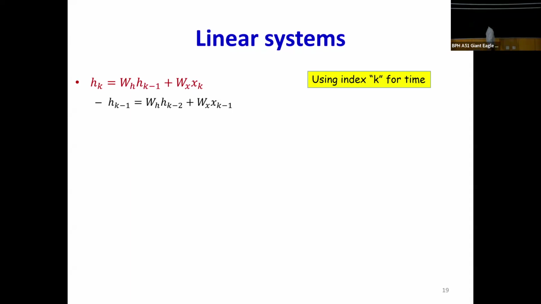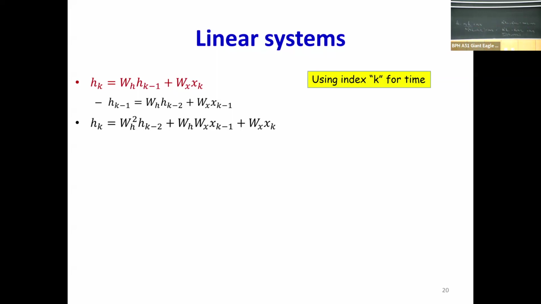So when you expand that out, this is going to be W_h cubed H_{t-3}, plus W_h squared W_x X_{t-2}, plus W_h W_x X_{t-1}, plus W_x X_t. So you can see how I can keep writing it in terms of histories further and further back. And when I eventually write it out, that's what it's going to look like, right?